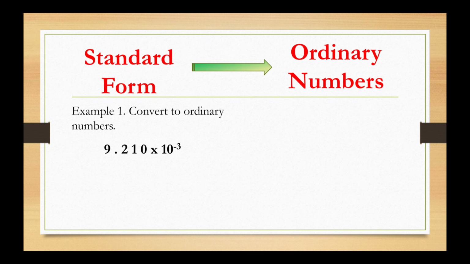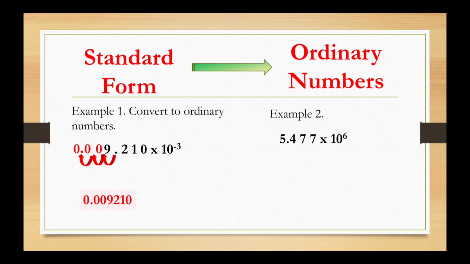Okay, so we're going to have to move this 1, 2, 3 times to the left. And then we're going to have to fill in the empty spaces with zeros, just like this. And in that case, you see we have 2 zeros that come before the 9. And now our answer is going to be 0.009210. I hope you're understanding. Let's do one more example.